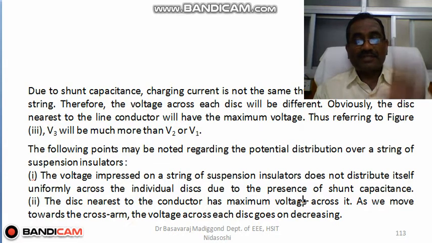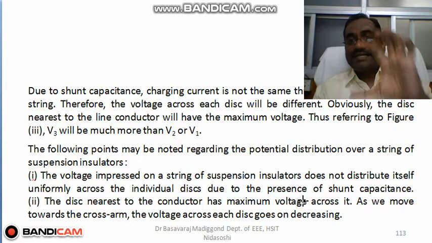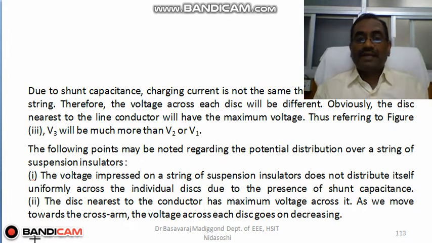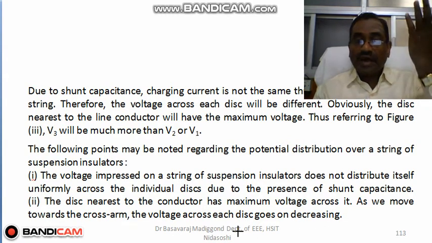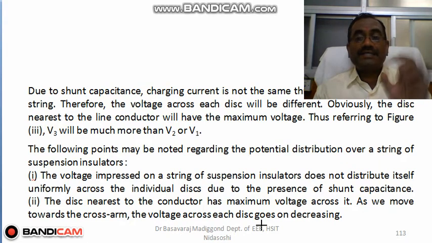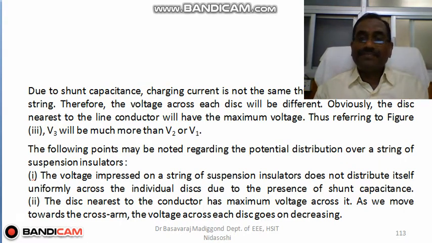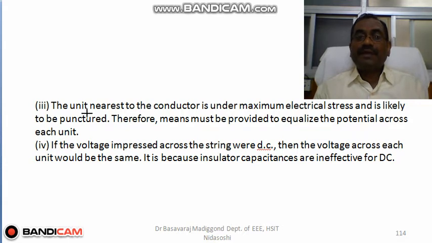The disc nearest to the conductor has a maximum voltage across it, and as we move towards the cross arm, the voltage across each disc goes on decreasing. Next point, the unit nearest to the conductor is under maximum electrical stress and is likely to be punctured. Therefore, some means must be provided so as to equalize the voltage across each unit.